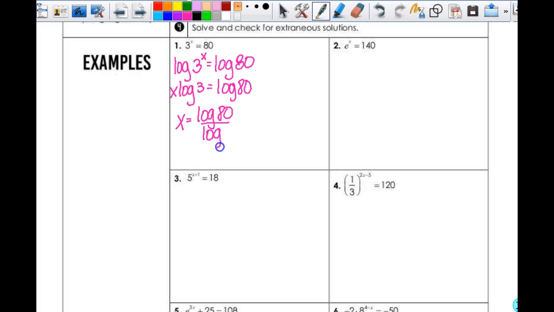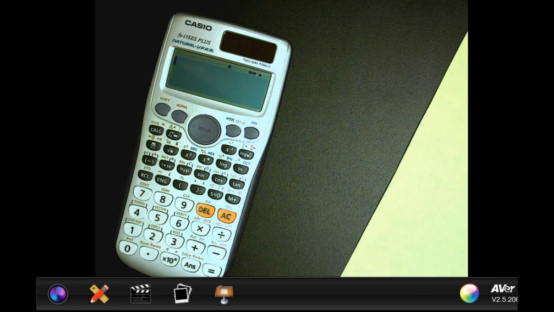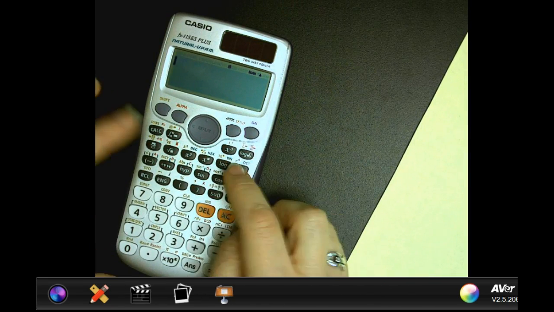Now, even though we get to use a calculator, you have to get to this point in your work. You get equals, then you pick up the calculator. You never, ever type in decimals and write them down. Okay? So let's type it in. We do that with log of 80 divided by log of 3. So I can start with the fraction, or I can do it afterwards. It doesn't matter.